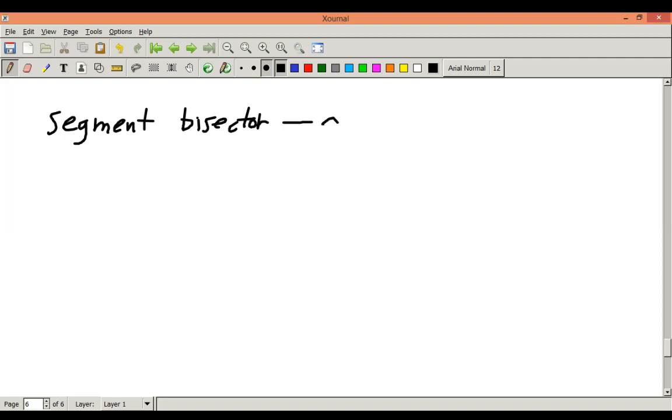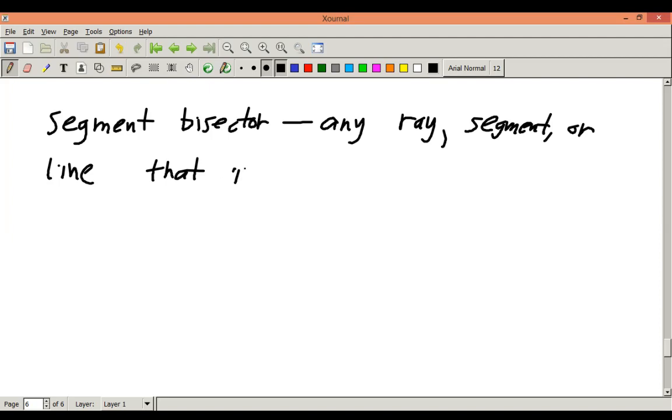A segment bisector is any ray, segment, or line that intersects a segment at its midpoint.